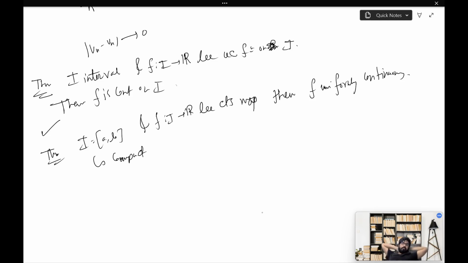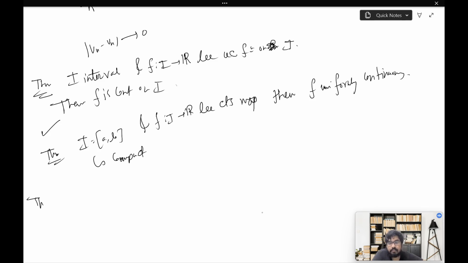I hope that sir has done this proof in class. The point is that these theorems are quite useful in order to show whether something is uniformly continuous or not, because directly by using the definition it is not always possible. These theorems act as tools. That's why.